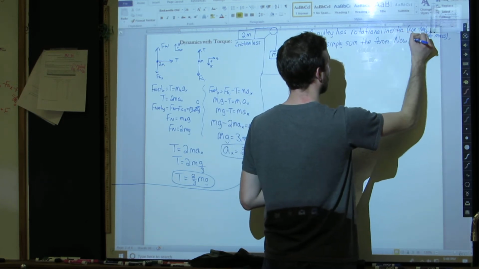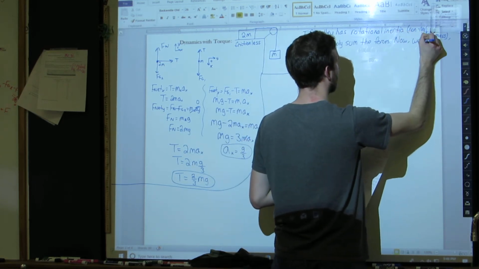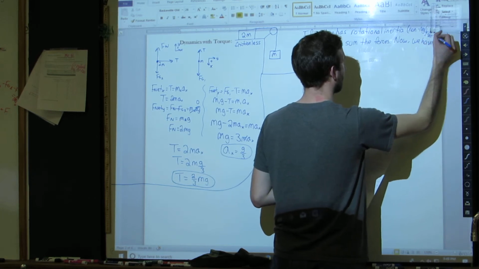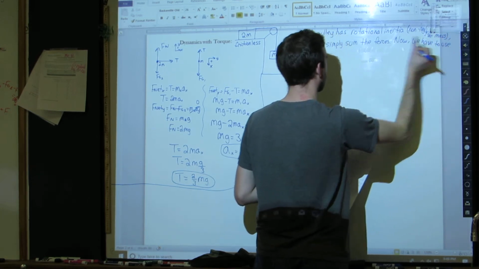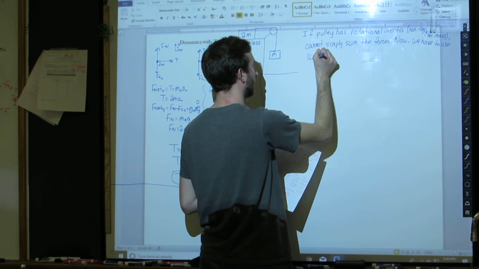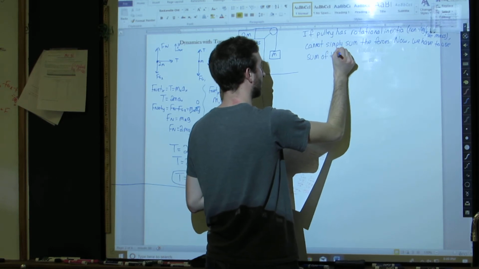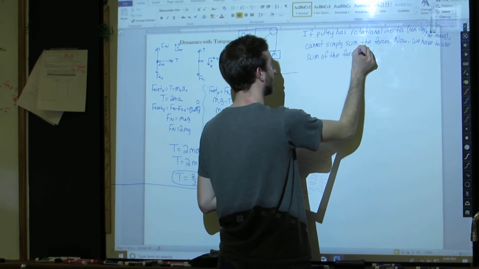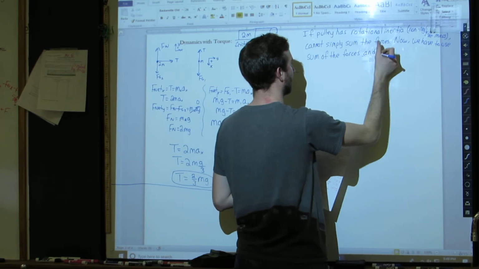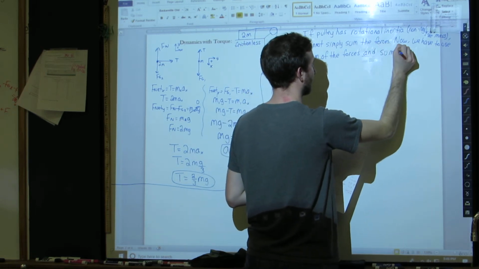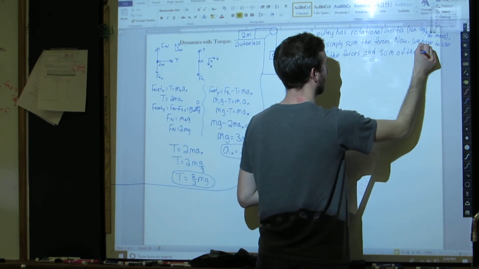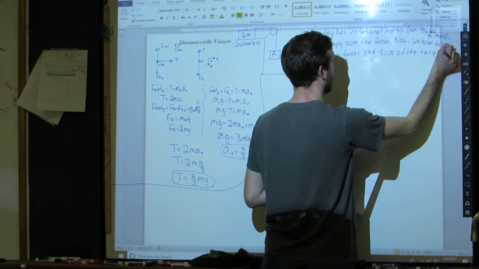If this happens, we have to do both the sum of the forces and the sum of the torques.